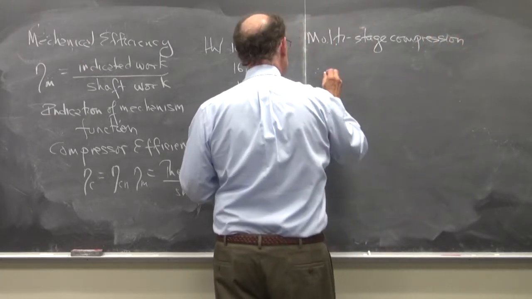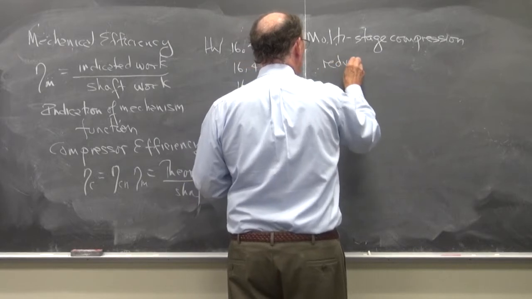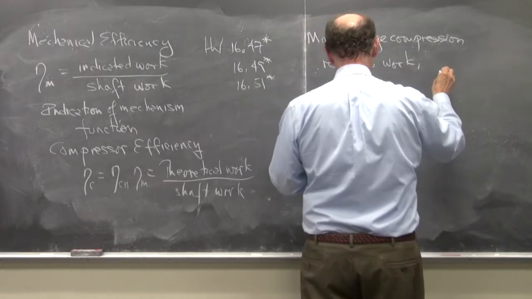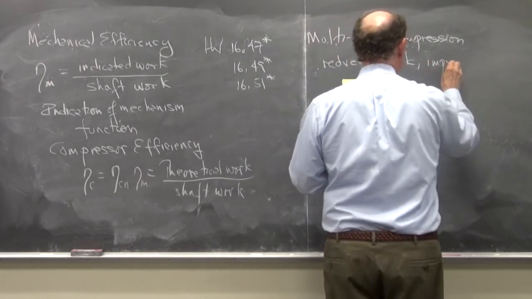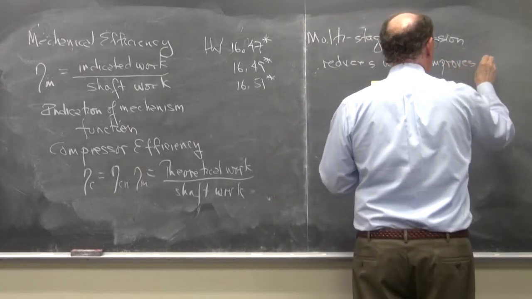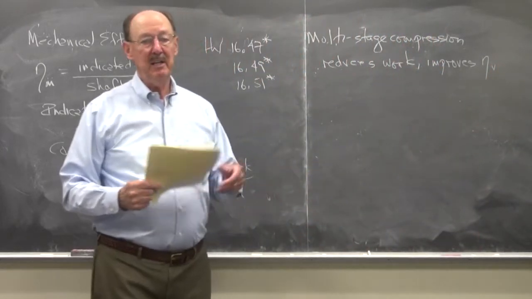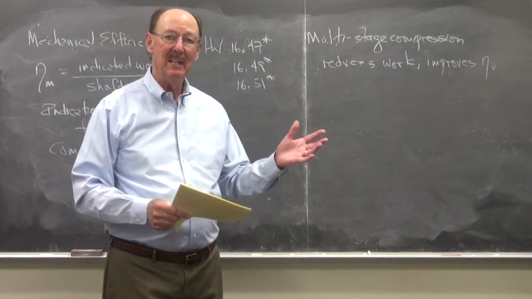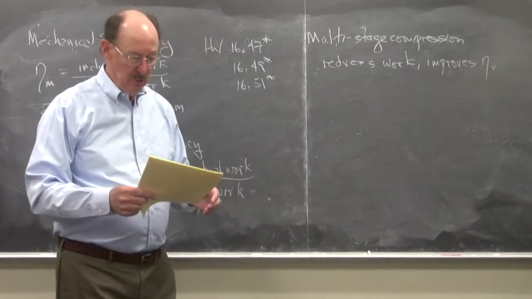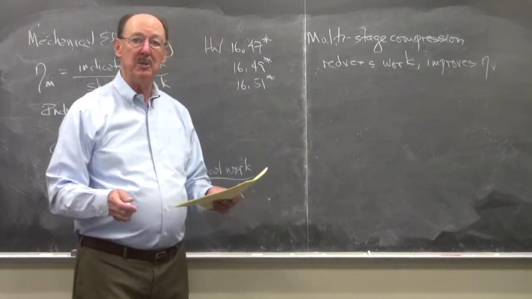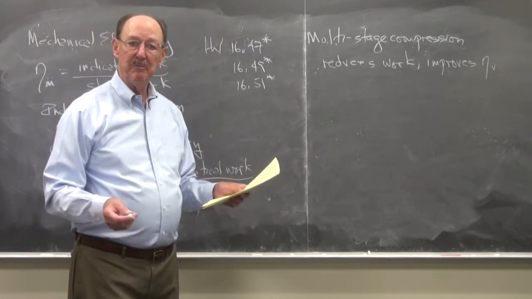So it reduces work and it improves the volumetric efficiency. And it improves the volumetric efficiency because P2 is less, and so the lower the P2, the better the efficiency is. So now let's look at ammonia, which is used as a refrigerant as well.